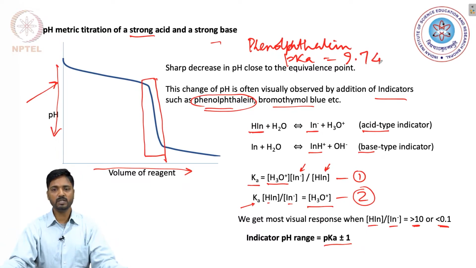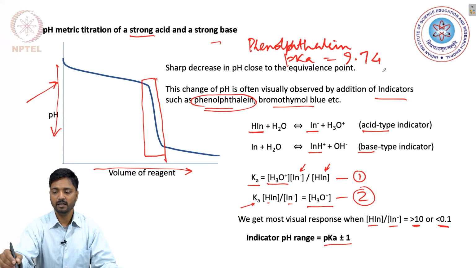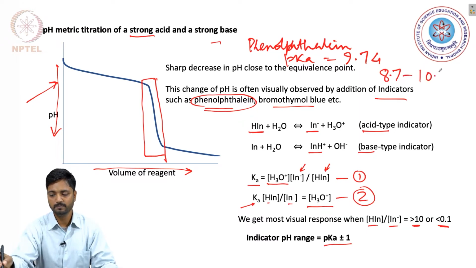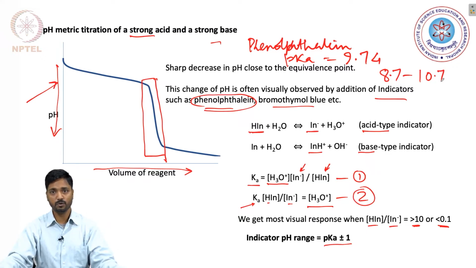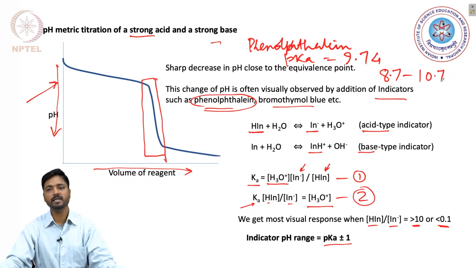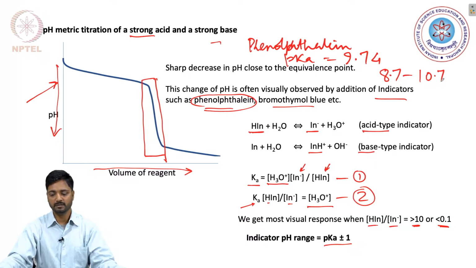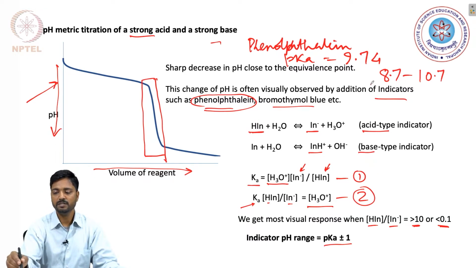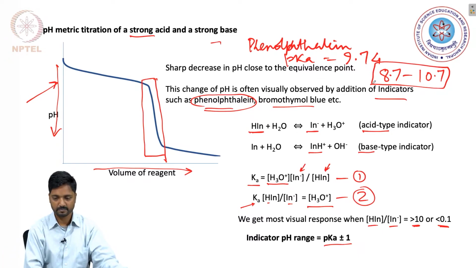So, what this indicates is that phenolphthalein will undergo the maximum color change in the pH regime of 8.7 to 10.7. Phenolphthalein is a basic indicator and it will work best when the pH of the medium is basic, in the range of 8.7 to 10.7.